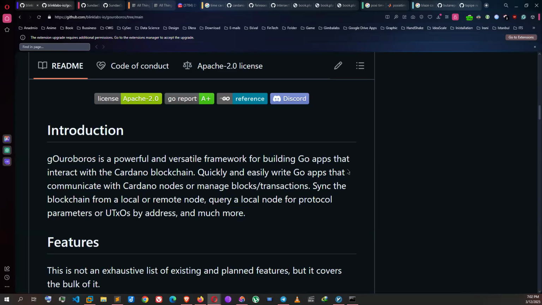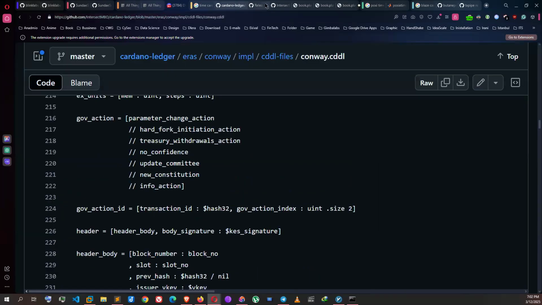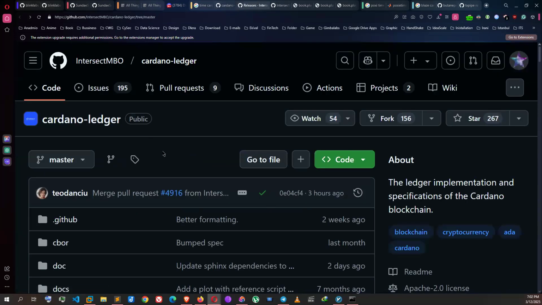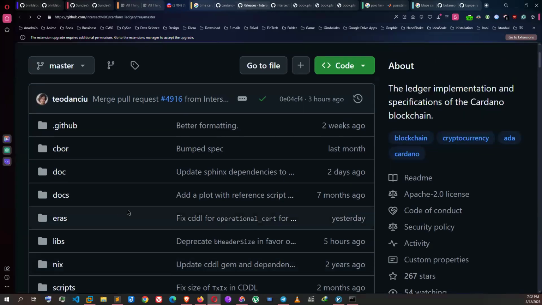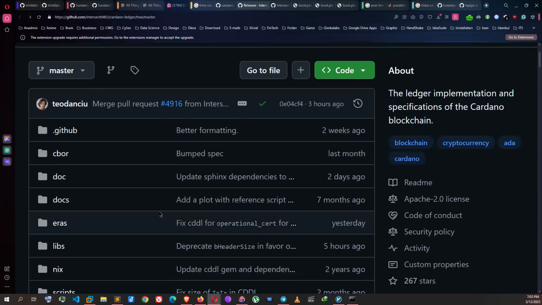We were looking at the Haskell Cardano ledger and the CDDL files. Our implementation is in Goroboros under ledger. You'll see it fairly well matches the same layout, where we've got different eras and all of that sort of stuff.